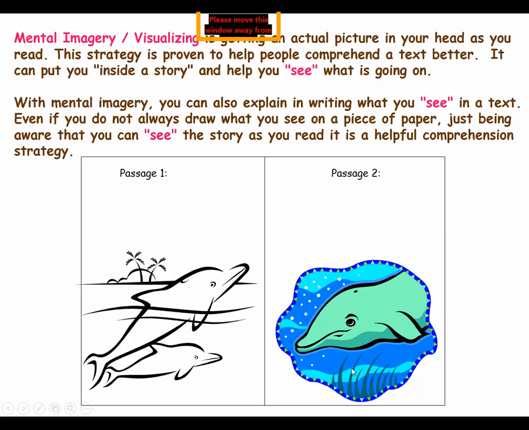Okay, for passage 2, the dolphins live in the water and they are very calm and quiet and very, you can say, friendly, human friendly. इस तरह के passages, and this is the image that will come in your mind. So it's not always necessary that you have to draw the picture on a piece of paper. If the image is coming in your mind, then it is proof that you are understanding the text in a better way. Okay, so this was the fourth strategy of during reading.